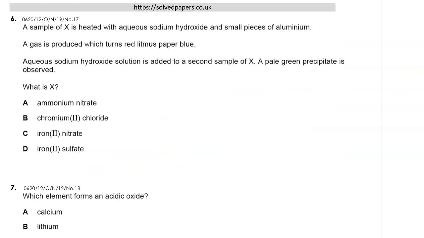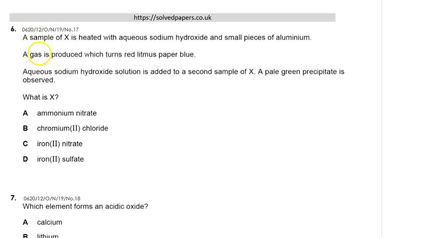Question number 6. Question number 6 is from the same paper, variant 1-2, and this was question number 17. A sample of X is heated with aqueous sodium hydroxide and a small piece of aluminium. A gas is produced which turns red litmus paper blue.